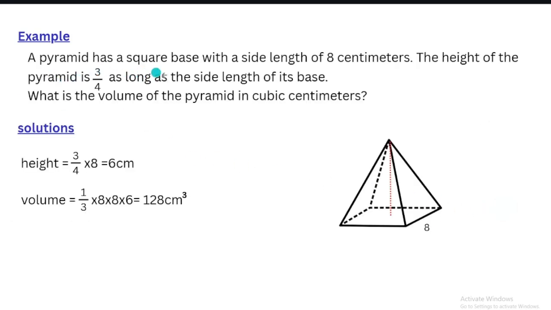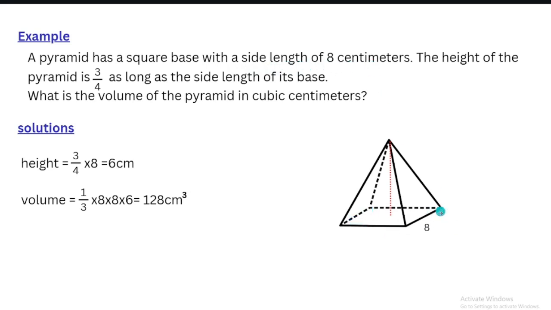A pyramid has a square base. A pyramid, sometimes it has a square base, sometimes it has a triangle base. A pyramid has a square base with a side length of 8 centimeters.